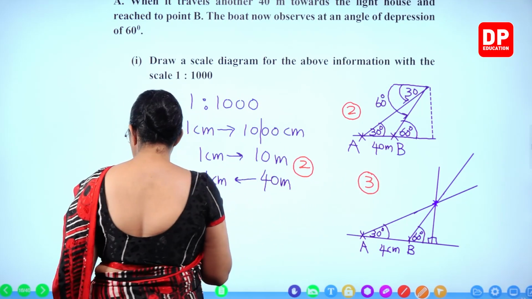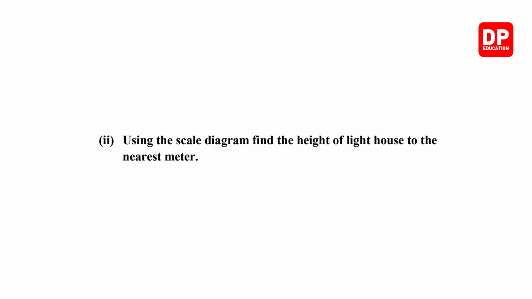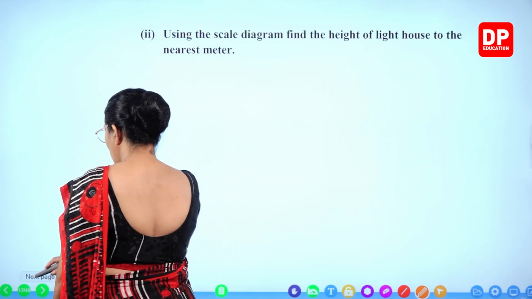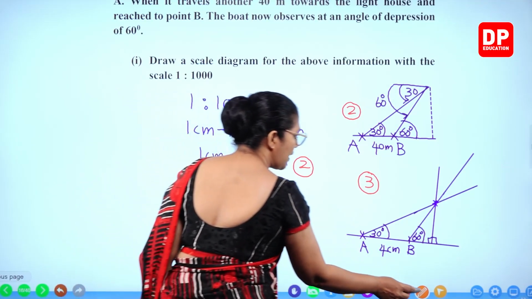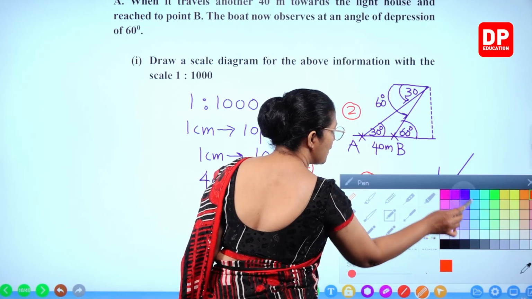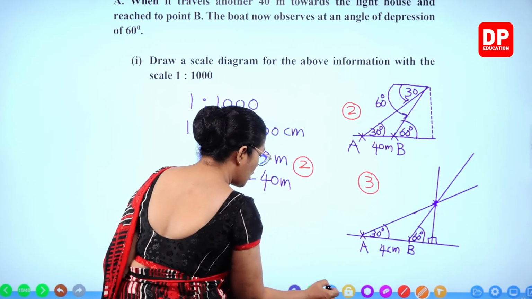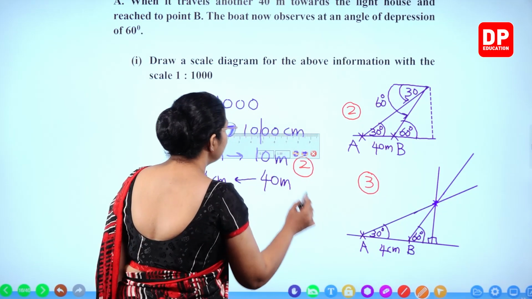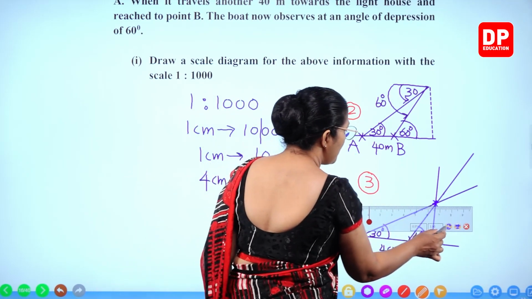Then the last part, it says, using the scale diagram, find the height of the lighthouse to the nearest meter. So we have to look at the diagram and measure the height first. So let's measure with a ruler. You can keep the ruler.